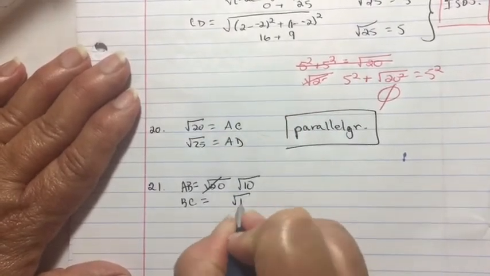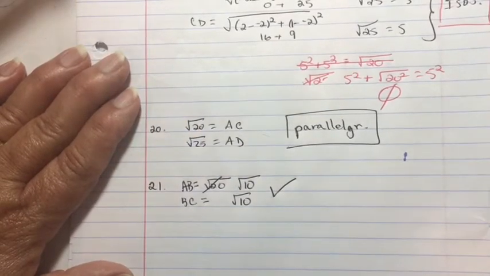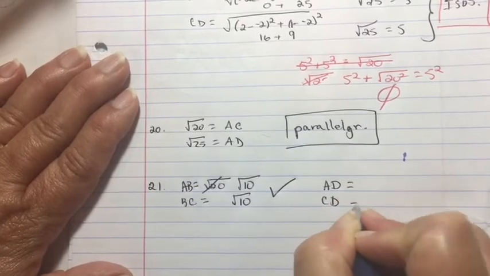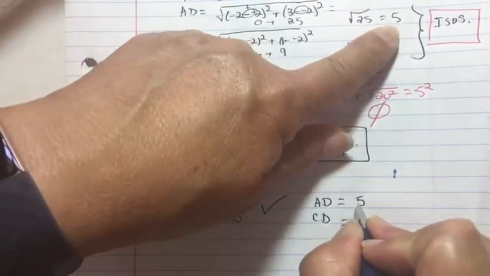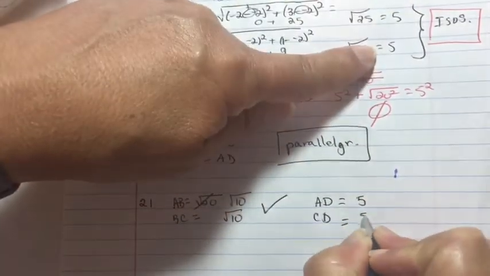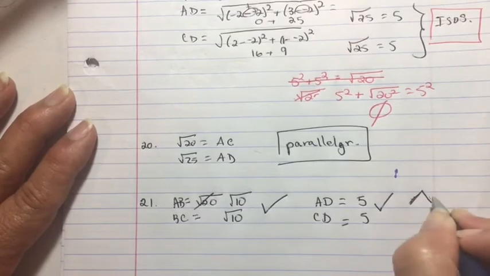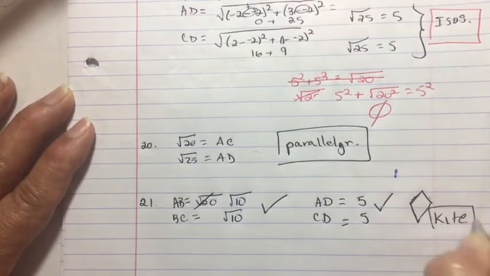BC is also the square root of 10. So those sides check out. Now I have to check AD and CD. And AD up here was a 5, and CD was also a 5. That checks out. So you have these consecutive sides are the same, and these are the same, making it a kite.